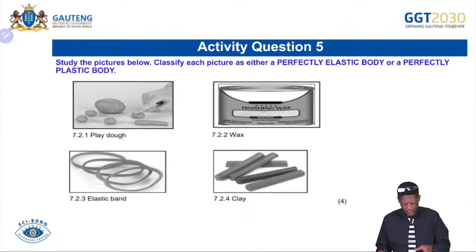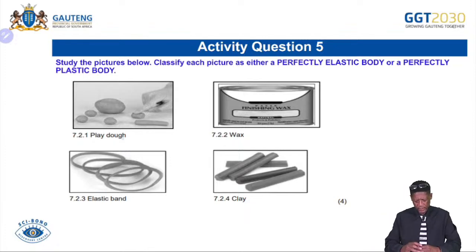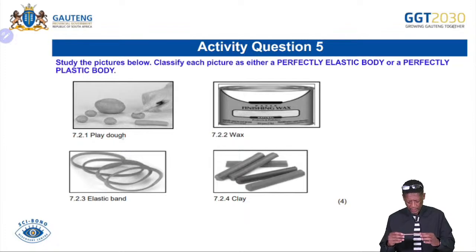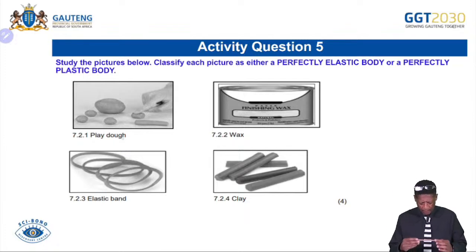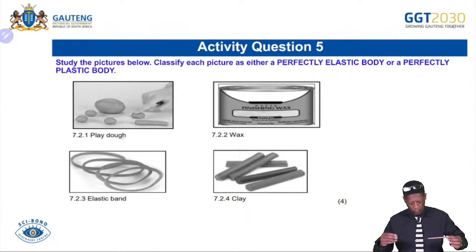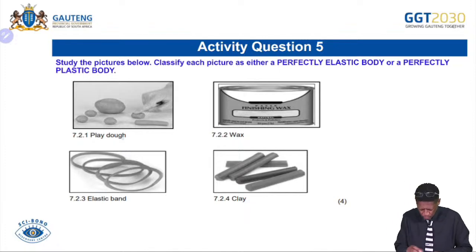That's the question. The wax, if it's straight like a pen and I bend it, will it go back to its original? A rubber band, if I stretch it, would it go back? The clay, if I play with the clay, will it go back to original? So they want us to choose.